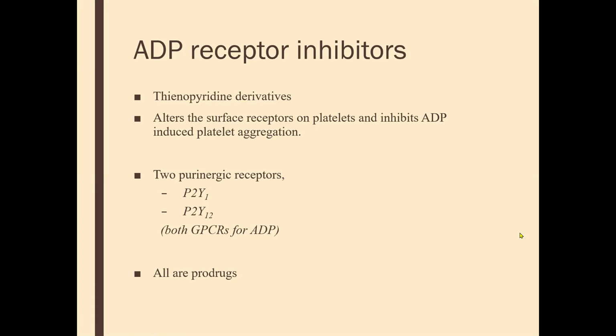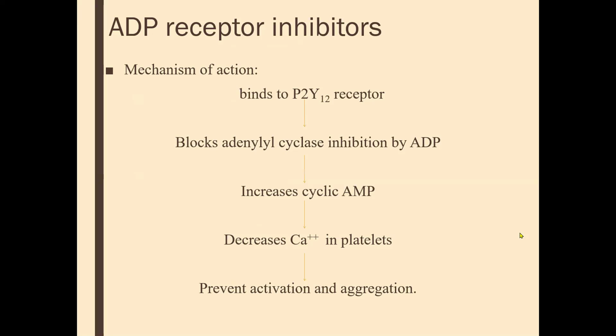There are two purinergic receptors actually, P2Y1 and P2Y12 receptors. Both of which are G protein coupled receptors, right? And all the ADP receptor inhibitors are prodrugs. They have to be converted into the active form, right?